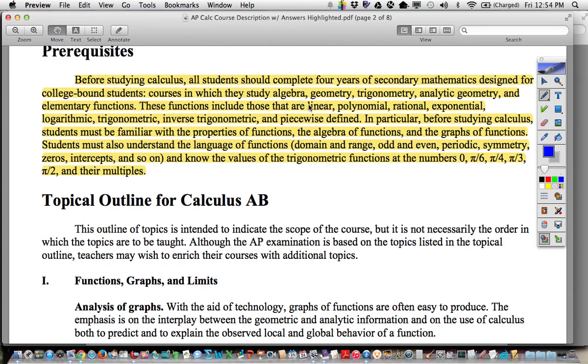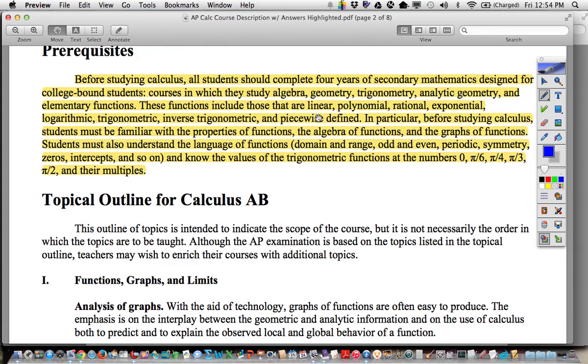These functions include linear, polynomial, rational, exponential, logarithmic, trig, inverse trig, and piecewise defined functions. So calculus is all about the behavior of functions. And so these are the basic functions we will work with. So you need to be very familiar with them. And the more you know about them, domain, range, are they even, are they odd, are they periodic, those kinds of things, the easier you will be able to handle the calculus when we act upon those functions.